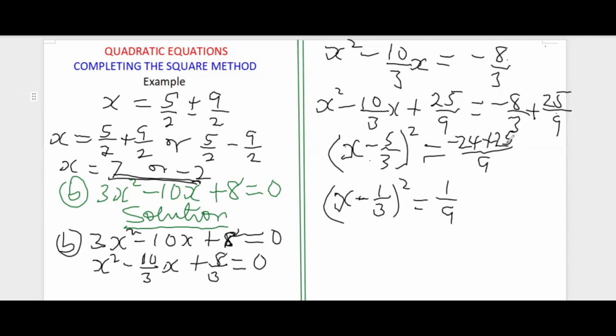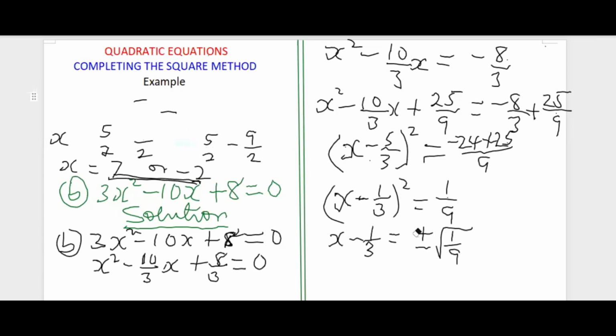So we just solve the resultant equation. Take the square root of both sides to remove this square. Then we have x minus 5 over 3 equals plus or minus the square root of 1 over 9.